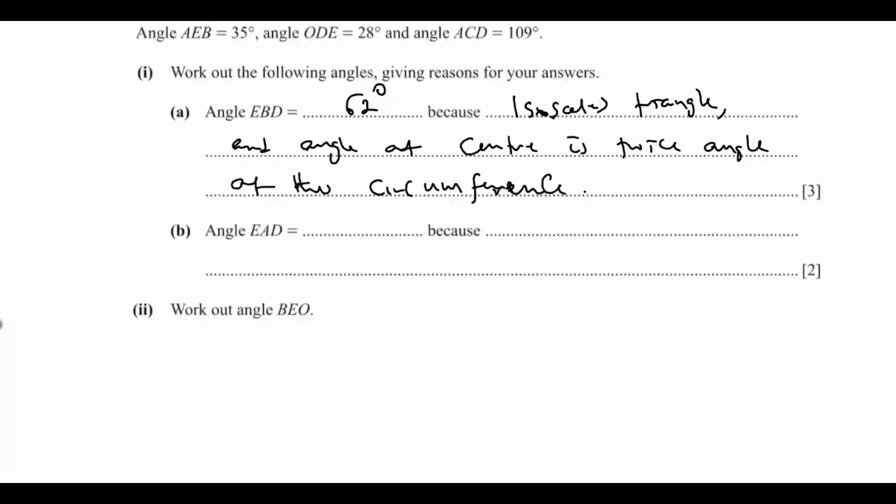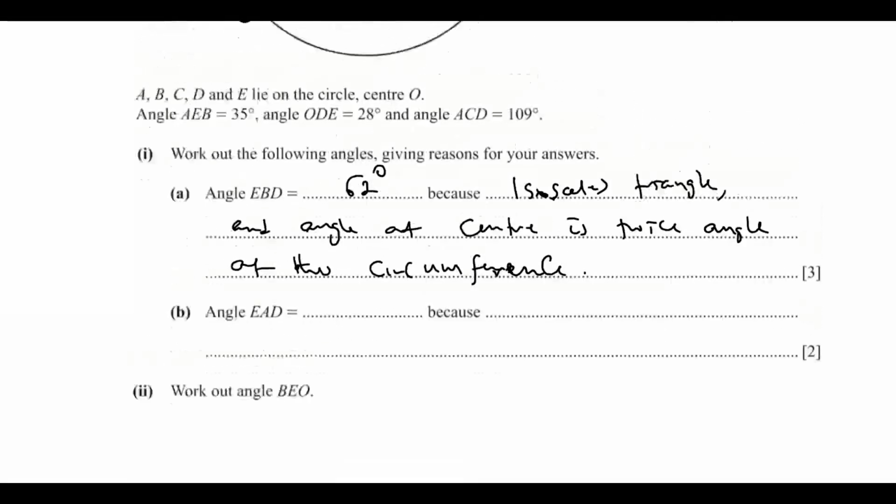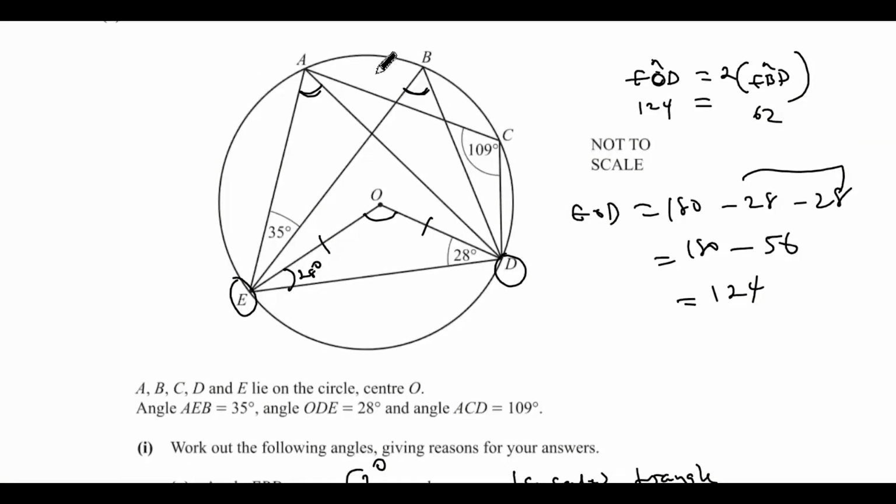Okay, so work out BEO. Where is B? This is B, and this is E, and this is O. So we want to get this angle here, BEO. This is interesting. If you look at BEO, it's inside which shape?